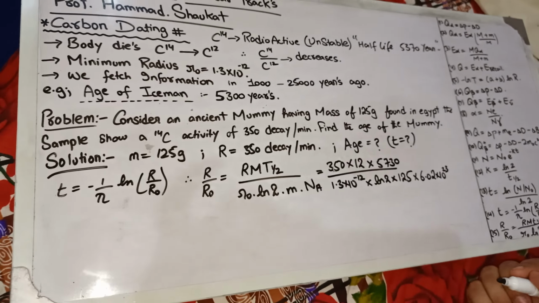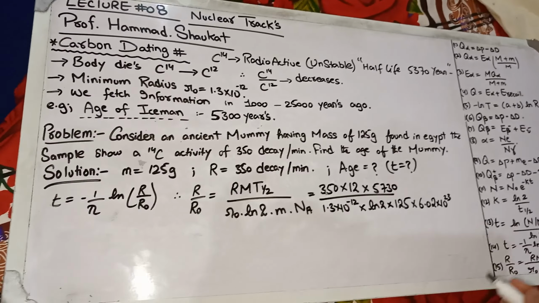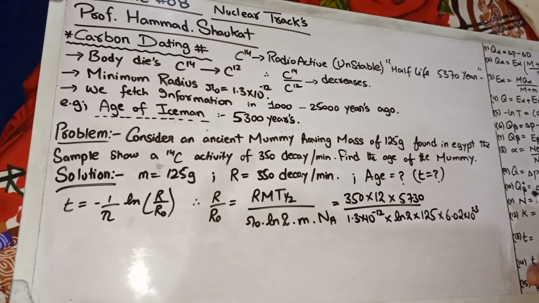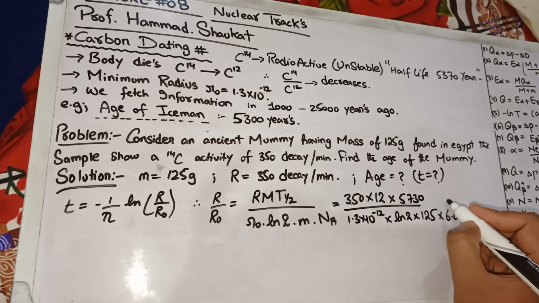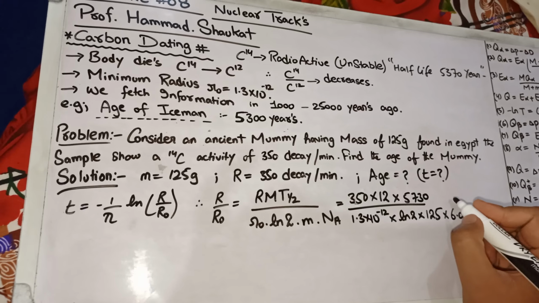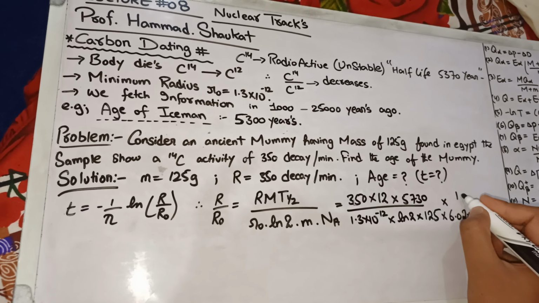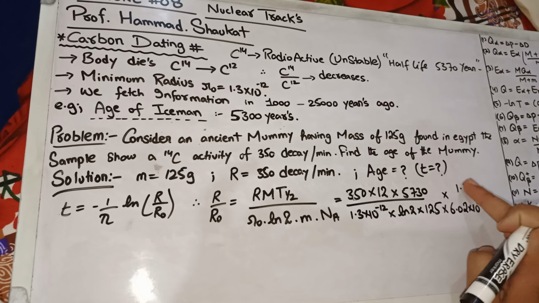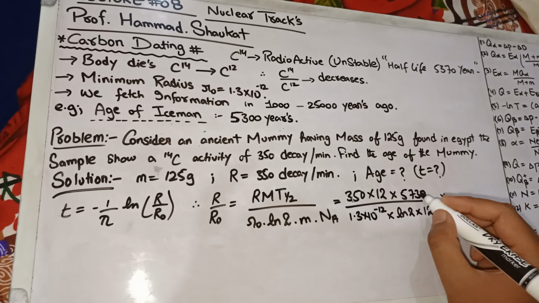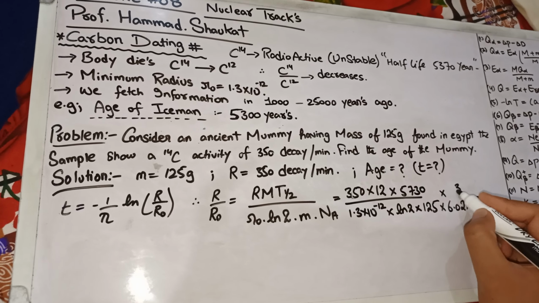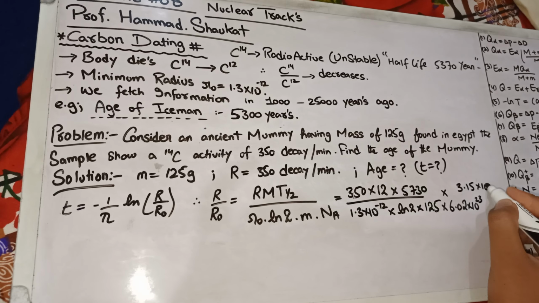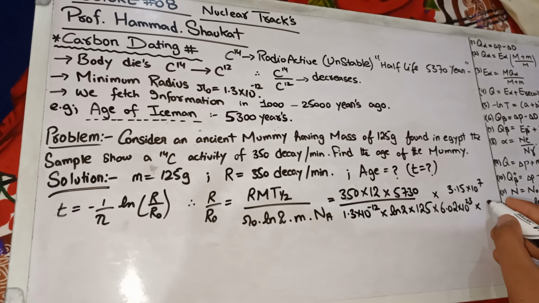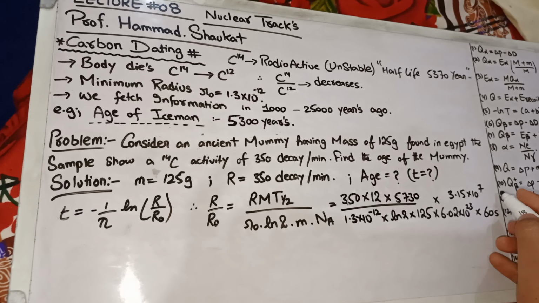As we did in the previous numerical, to keep the units the same we have to multiply by year per minute. One year has 3.15 into 10 raised to power 7 seconds, so in the numerator we multiply by 3.15 into 10 raised to power 7, and in the denominator by 60 seconds.